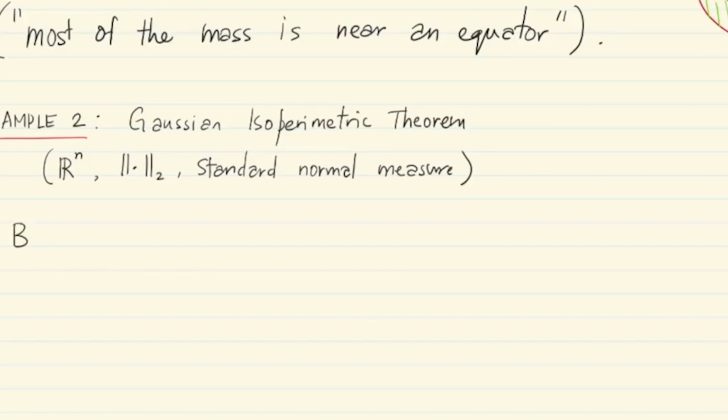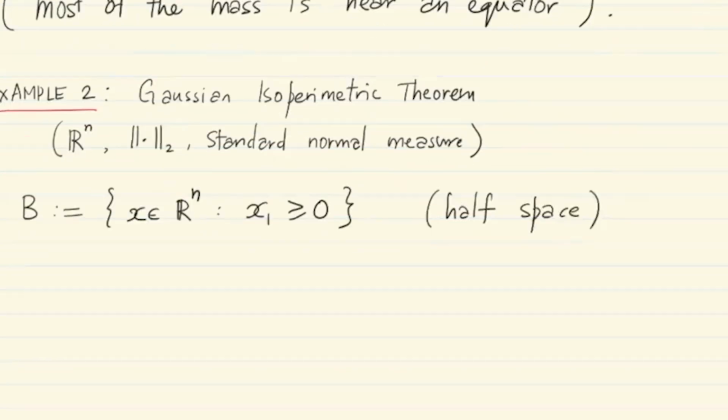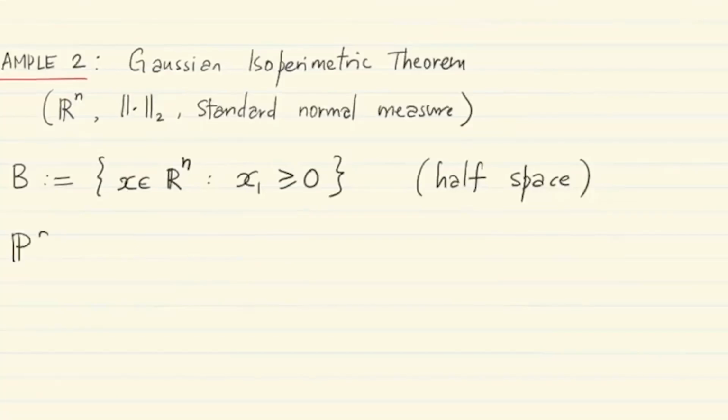The optimal sets essentially turn out to be half spaces. So take any B which looks like the set of all x's in R^n with, let us say, one coordinate being non-negative. This is basically a half space. So it's obvious that probability of B is equal to half because of the definition of independent Gaussian measure.